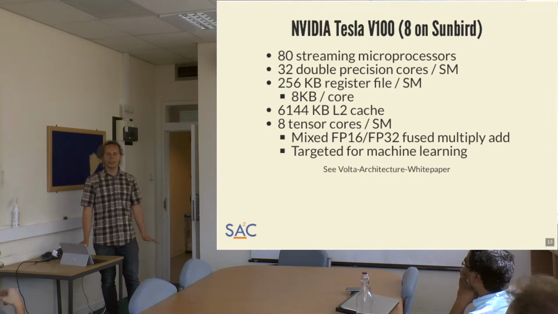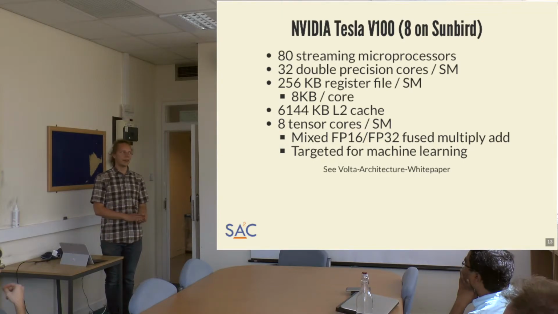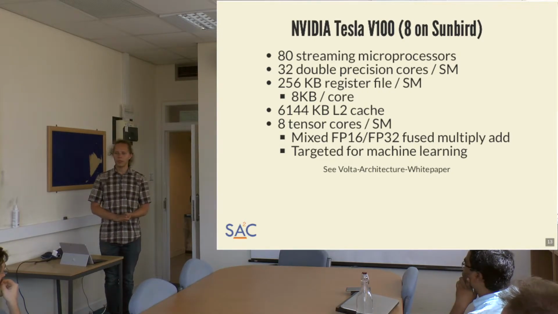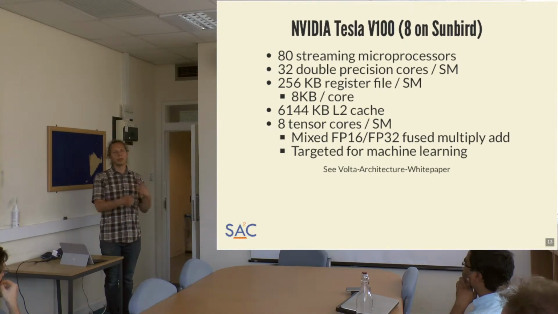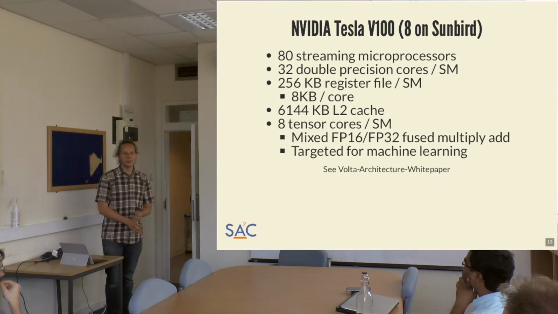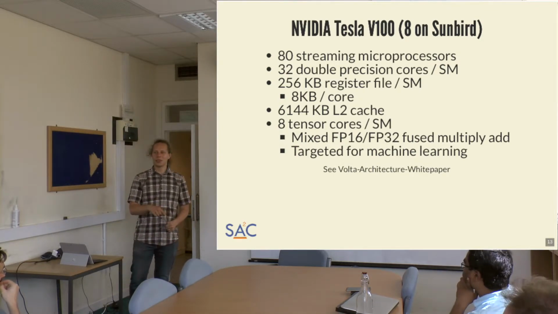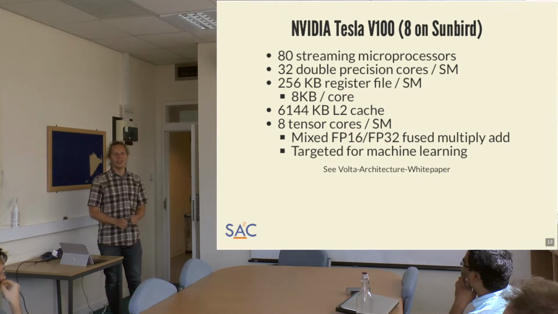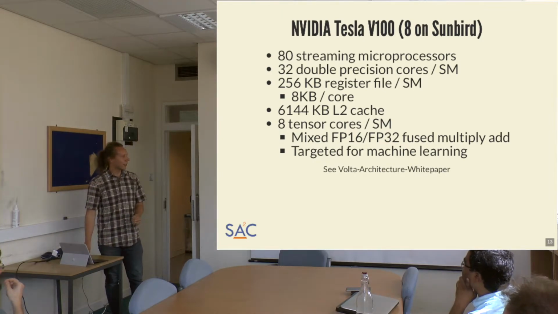They're designed to execute fused multiply-add operations in half precision, so that they multiply in half precision and add in full precision to do quick matrix multiply-and-add operations. That's essentially all you do in machine learning.